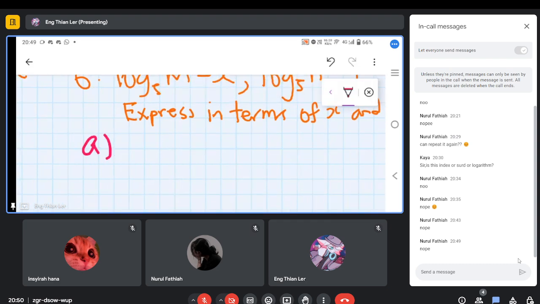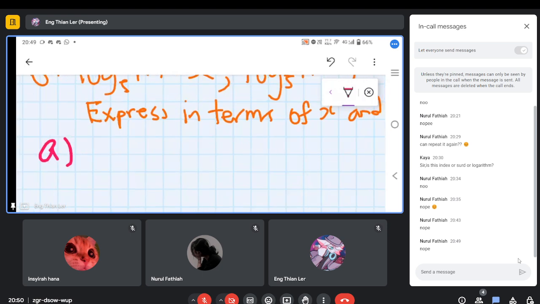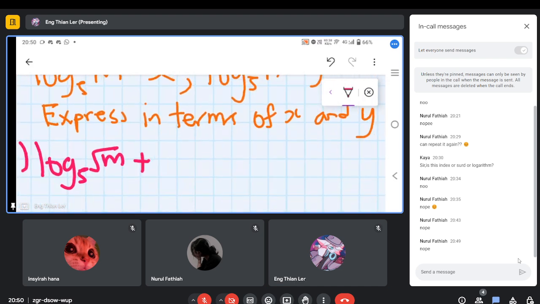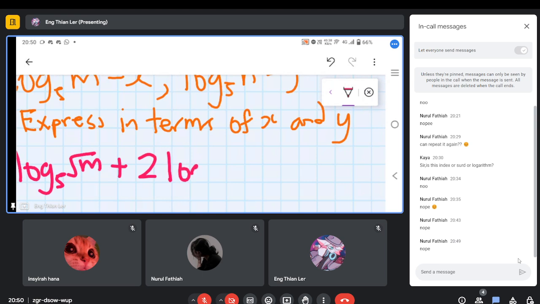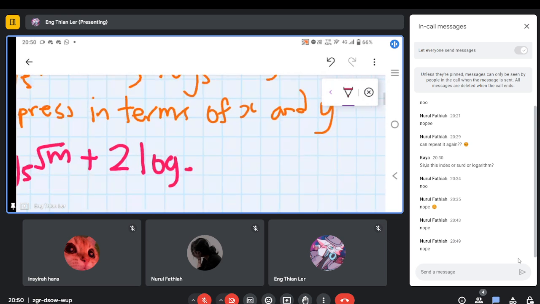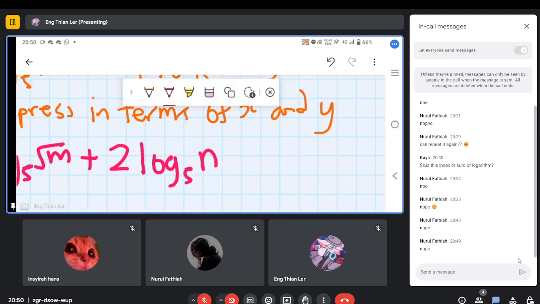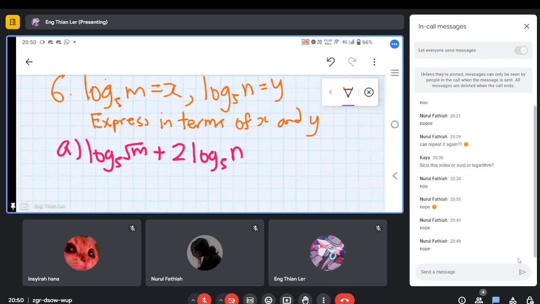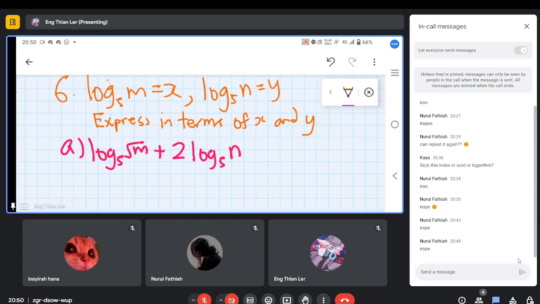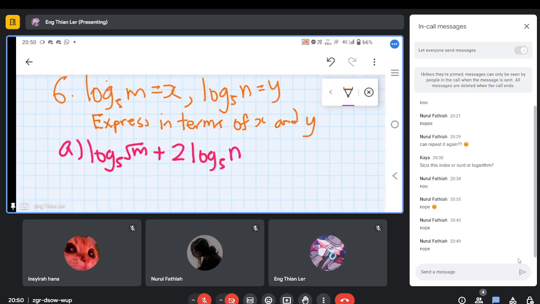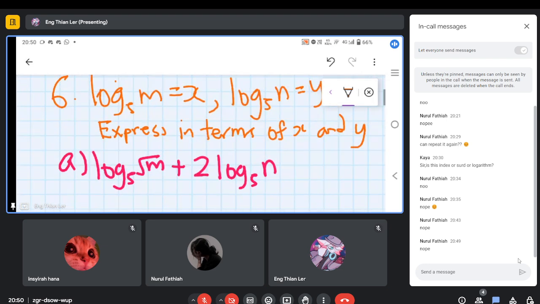Okay, so now look at this. For a, log base 5 of square root of m plus 2 log base 5 of n. So now this is logarithm. We have m here, but we have square root of m here.